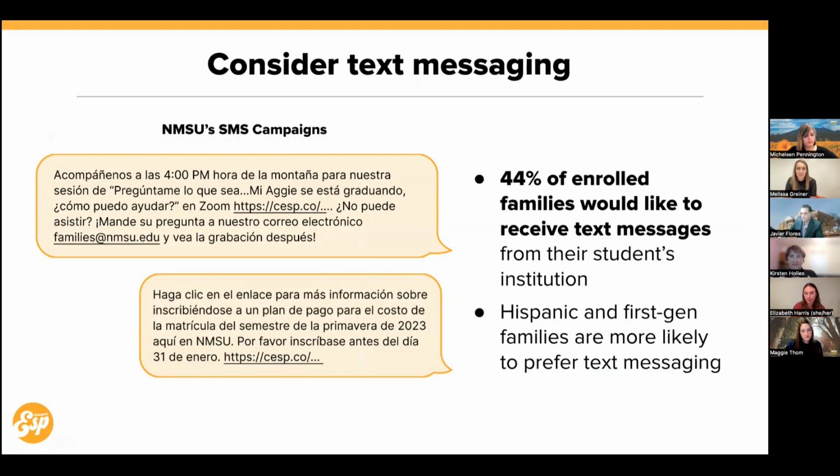But for Hispanic and first-gen families, that number is even higher. And so New Mexico State does a great job at texting families and sending some of those messages in Spanish as well. And Kirsten, can you just speak a little bit about what your strategy is here, how you choose which messages to send out in Spanish?